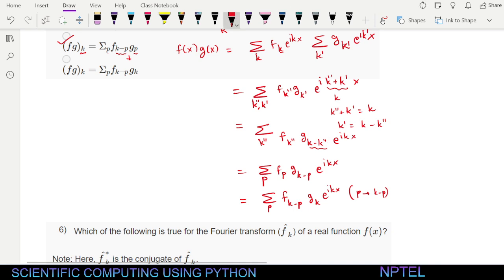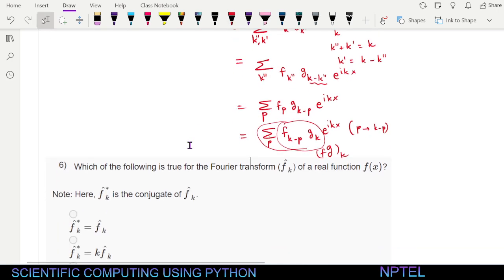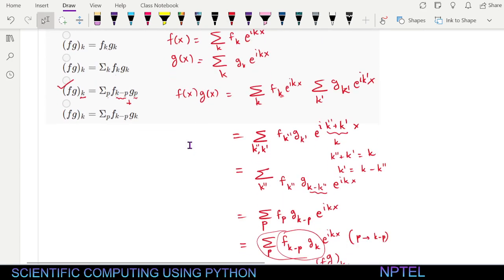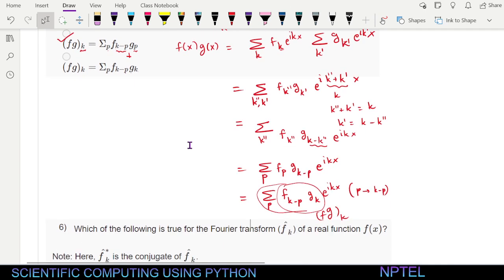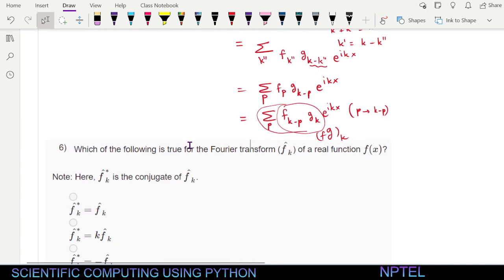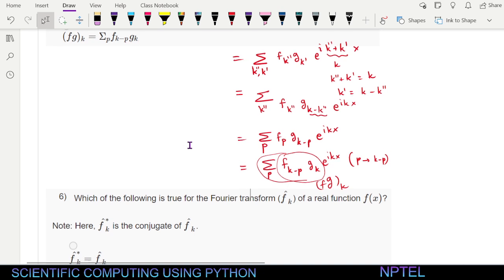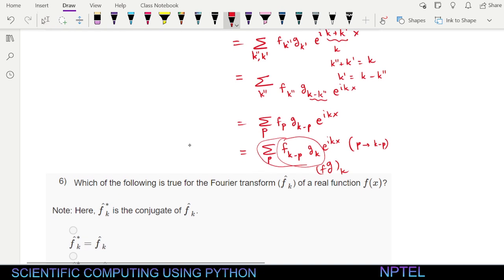Okay, and so this is the Fourier coefficient for your f times g, the kth Fourier coefficient. Sorry, this sum, the entire sum. Is this clear? There was a sum over k which I forgot.